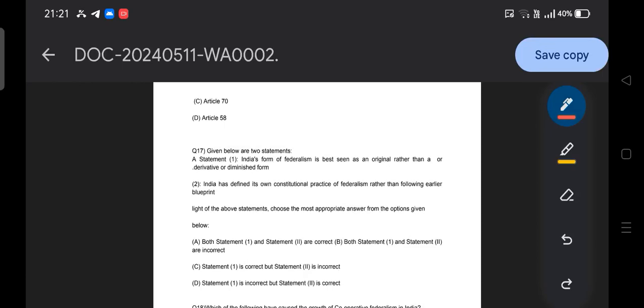Okay, so sorry guys. With the continuation of question number 20, we are going to switch to question number 21, and the first part of this top question related to Indian polity and its answer key have already been provided by me, and this is going to be the second part.